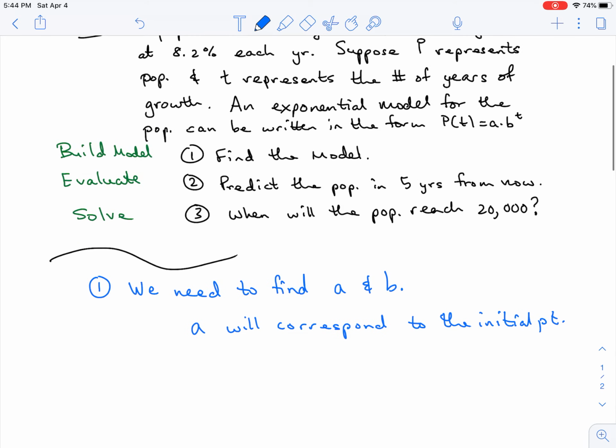and basically what we observe is the time is 0 and the population is 11,000 right at the beginning there. And if we plug that into the prototype, P equals A times B to the T, we get 11,000 as the output is equal to A times B to the 0.